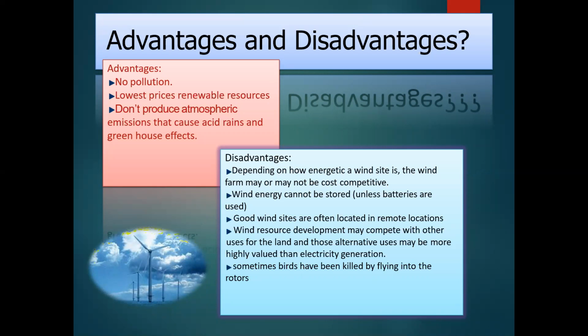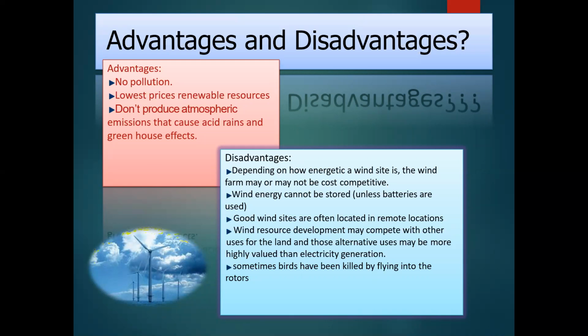From its disadvantages is that depending on how strong the wind is, the wind farm may or may not be cost competitive. Wind energy cannot be stored unless batteries are used, which is very unlikely to happen because it's very costly and not that effective. Good wind sites are often located in remote areas, far away from cities.